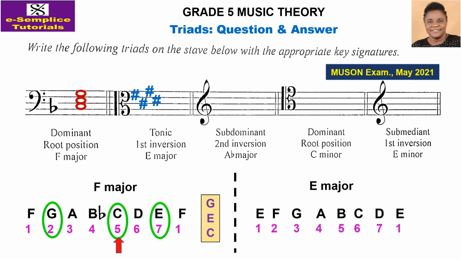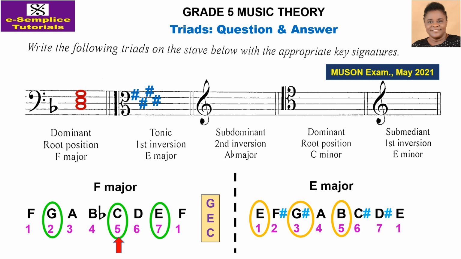The notes in E major, add the accidentals in E major, which are F sharp, C sharp, G sharp, and D sharp. Now, our triad is going to be the tonic, and the tonic means the 1st degree will be at the root, a third above that, a 5th above that. Let's stack.